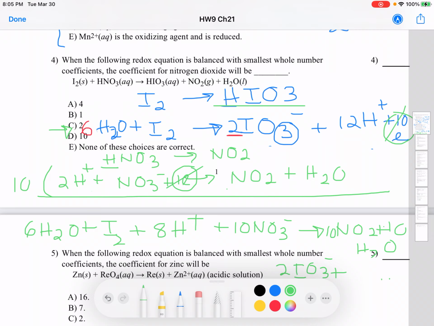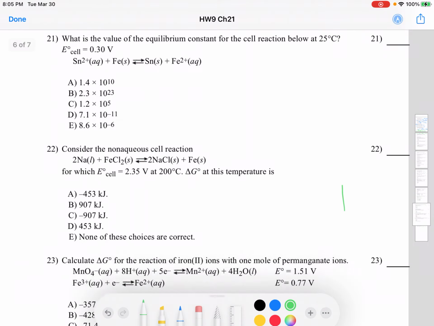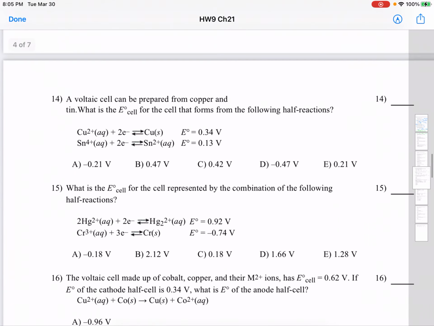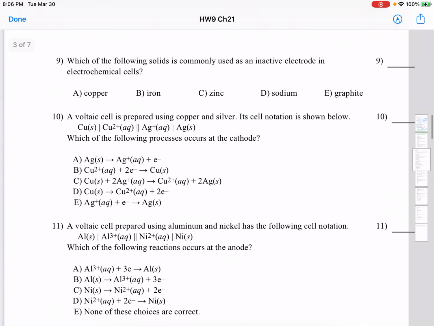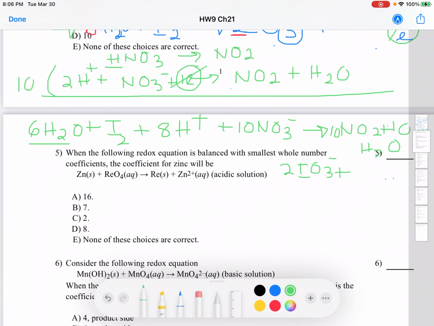And then here you have 6 water molecules. And here you have 10 water molecules right here.